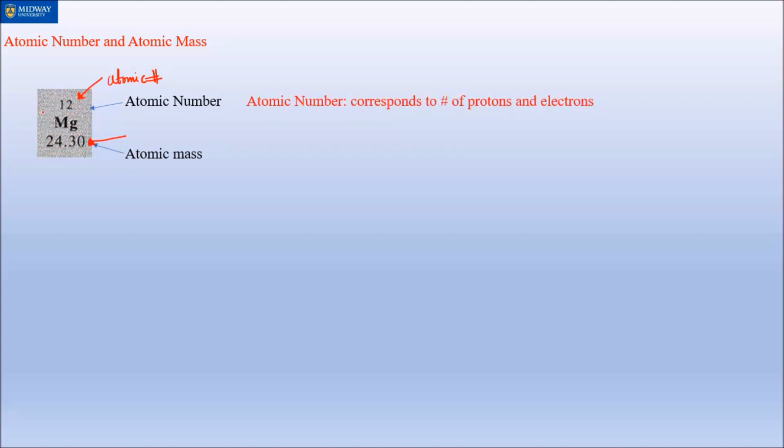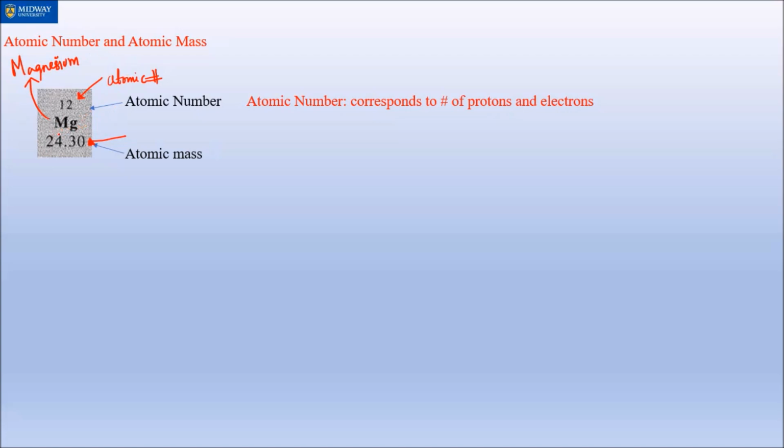For instance, Mg is magnesium. You do not have to memorize it, as I would never quiz you on what Mg stands for, because that's not the purpose of this class. You can use Google or any other place to find what Mg is.